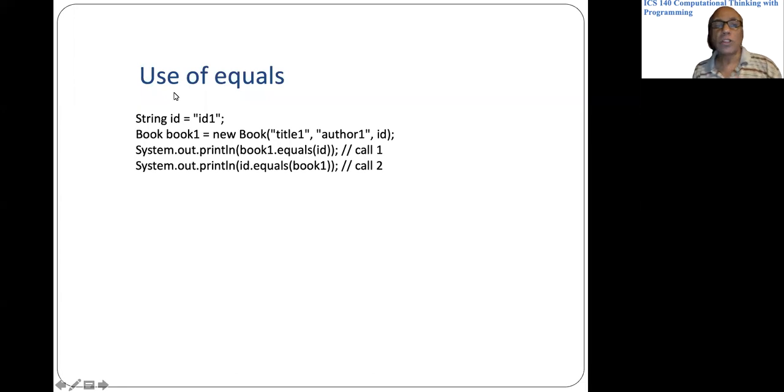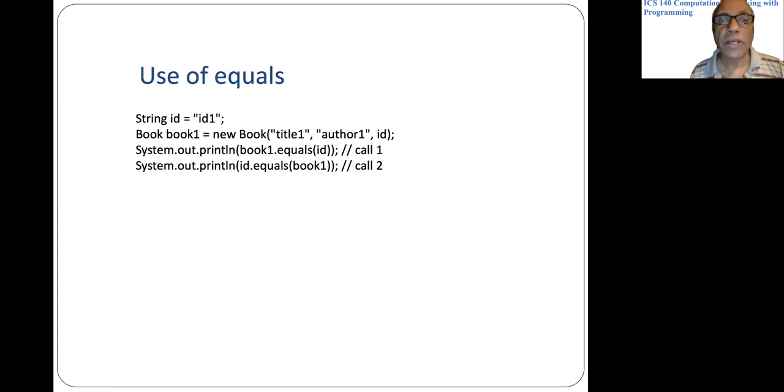Let's now talk about one important method in the class Object, that is the equals method. When you compare two objects in Java, you should not use the two equal symbols, ==. That is good only for comparing primitive types like integers or booleans or characters.